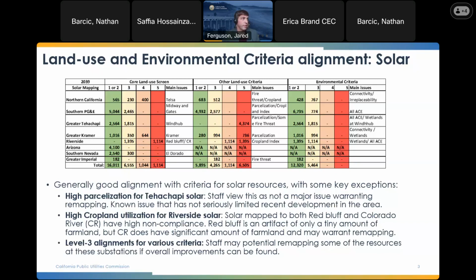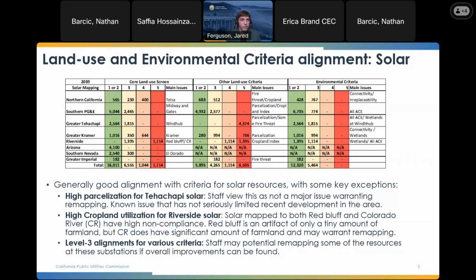The next point is all the level 3 alignments. These are ones that, like I said, are in the middle of the road. They're not ideal. They're not misaligned. So we are still going to look at these just to assess if there are potentially other substations that have better siting criteria, but still also have commercial interest and transmission availability.